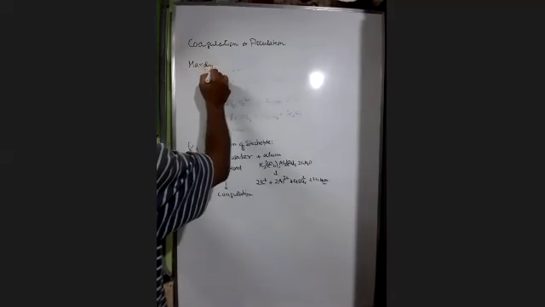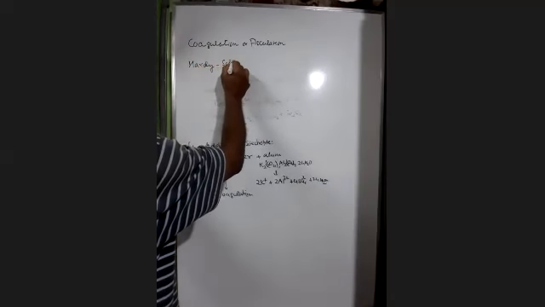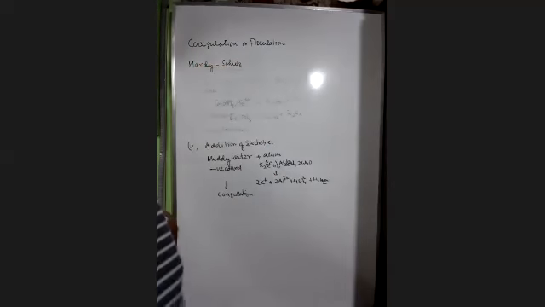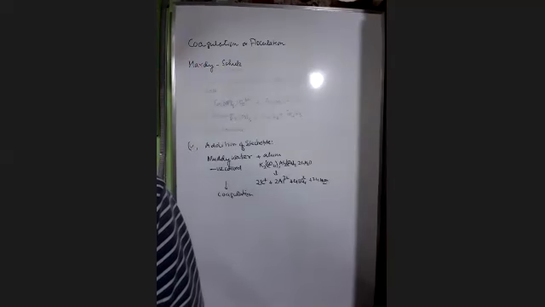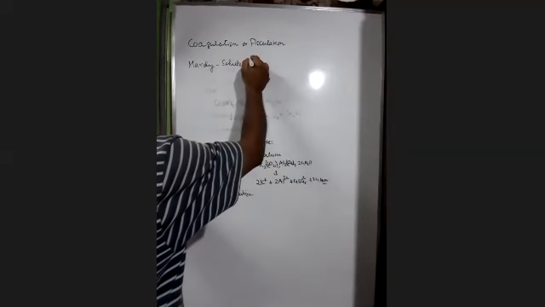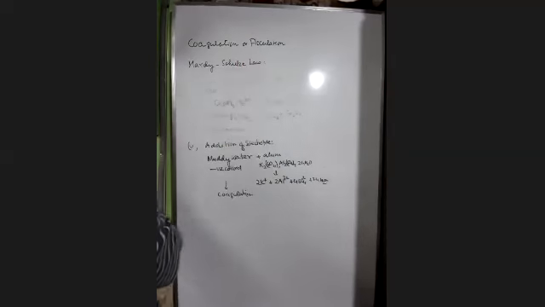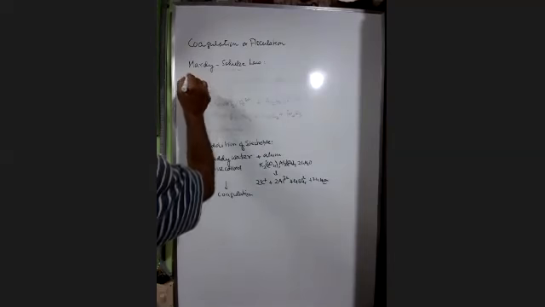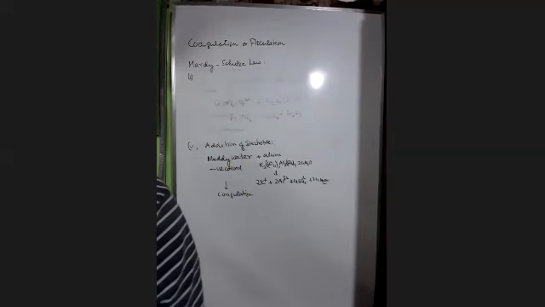This theory is called the Hardy-Schulze rule. In your book, it is not being given properly. There are 2 parts.